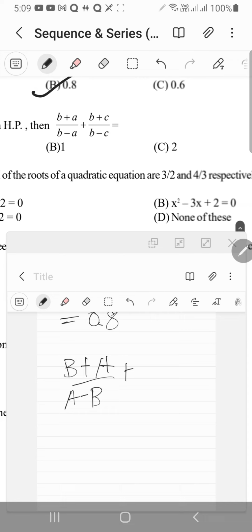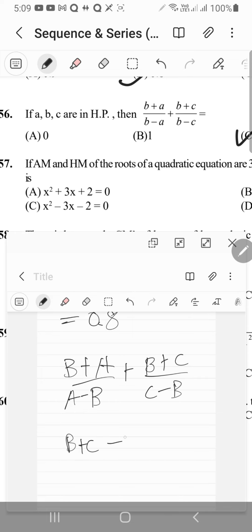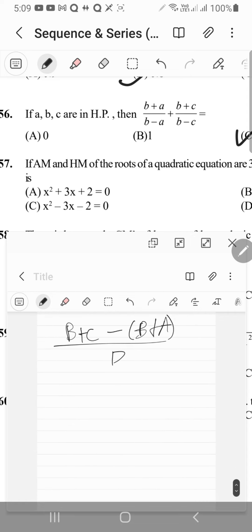If I remember correctly, it will be 2. Still, let's just do this thing. And B plus C upon C minus B. And then A minus B is negative D. So this will be B plus C minus of B plus A, all of that upon D. So C minus A is 2D. So 2D upon D, that's just 2.